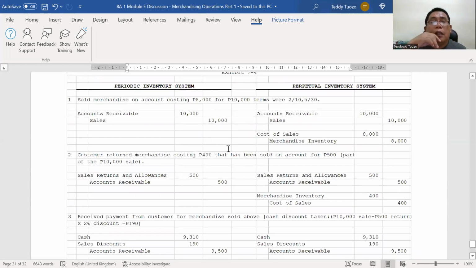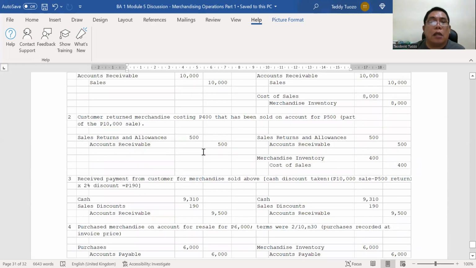So here, under the periodic inventory system, debit accounts receivable, credit sales. But under the perpetual inventory system, two sets of entries are recorded. Debit, the same as periodic, debit accounts receivable and credit sales. But there will now be an additional entry: debit cost of sales, credit merchandise inventory.